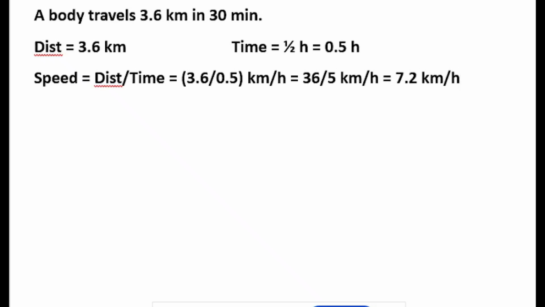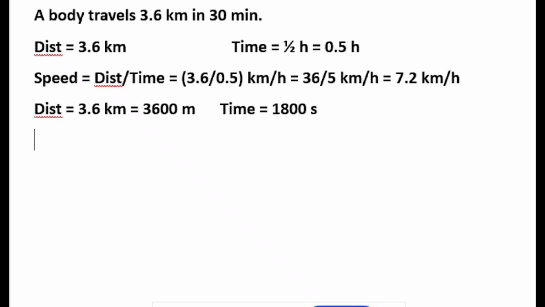And if you want it in meters per second, then distance will be equal to 3.6 kilometers. If you multiply by 1000, it will be 3600 meters. And time will be equal to 30 minutes, 30 into 60, 1800 seconds.